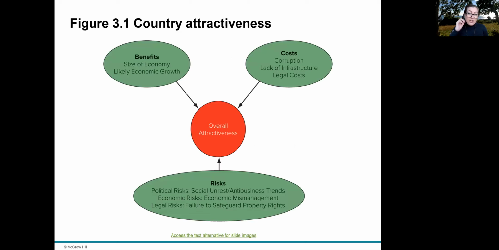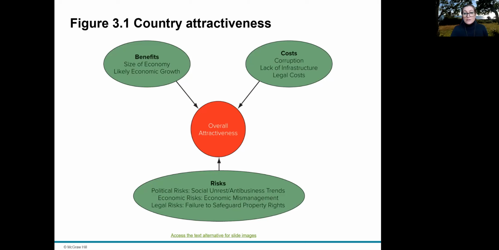So this slide is showing us what we've just said in terms of managerial implications, showing us graphically that when we're looking at the overall attractiveness of entering a particular country, we assess the benefits, such as the size of the economy and the rate of growth of that economy.